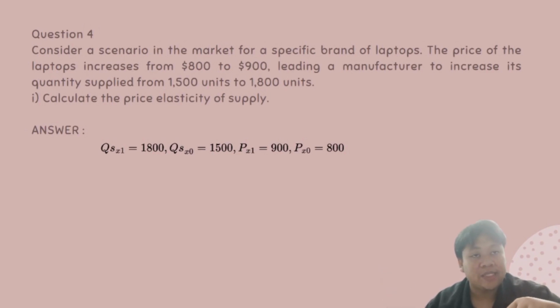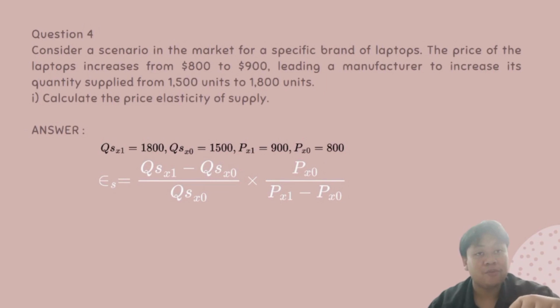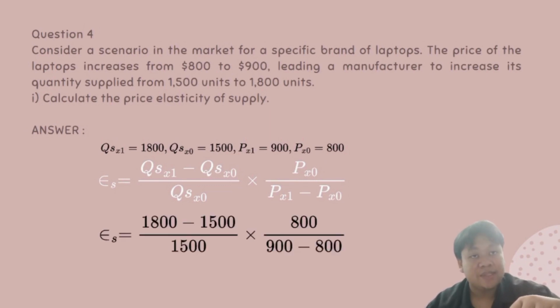Our new price is 900 and our original price is 800. So we use this formula to calculate elasticity of supply. The next step is to substitute all the information given into the formula. So our answer will be 1.6.